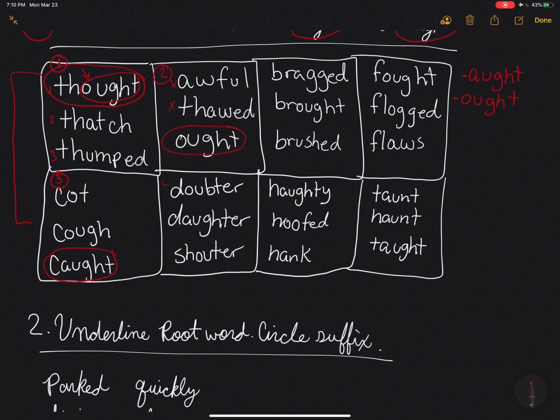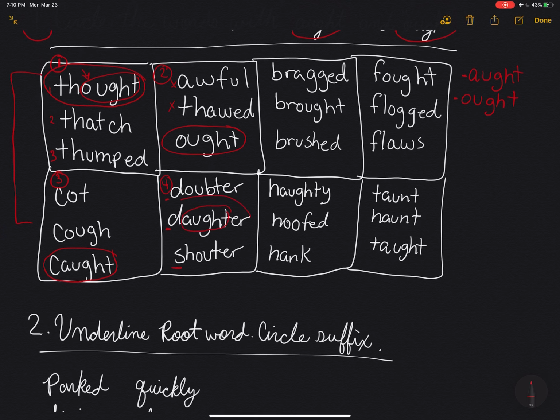We then move on to number 4. We have the words doubter, which is somebody who doesn't believe in something, daughter, and shouter, somebody who likes to shout. Already, once again, you can find the A-U-G-H-T right here.